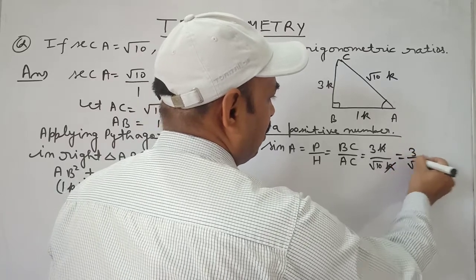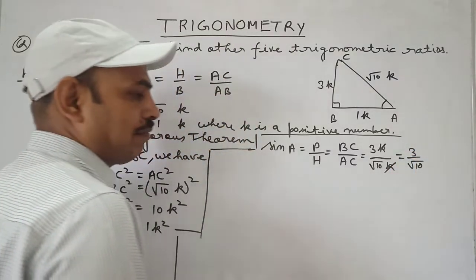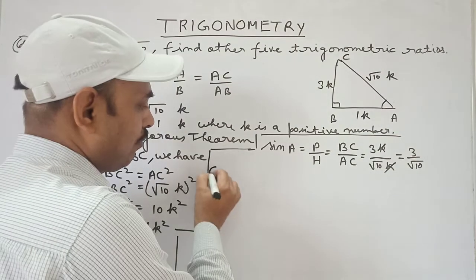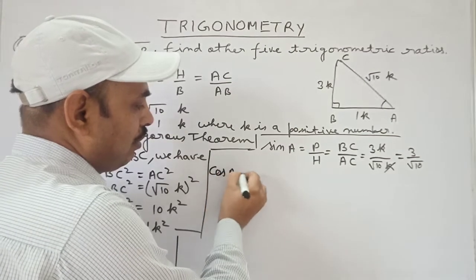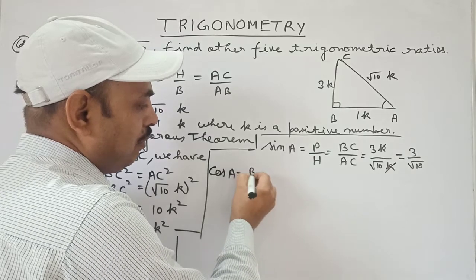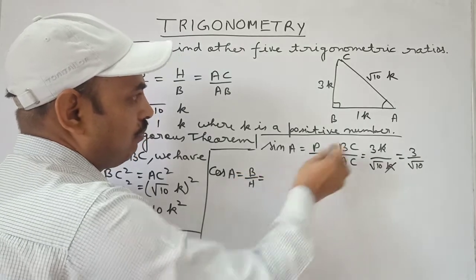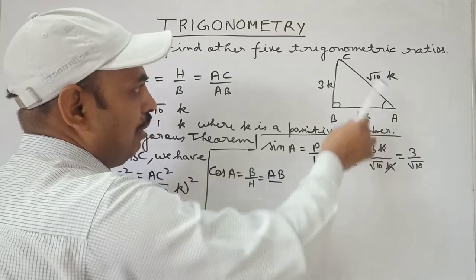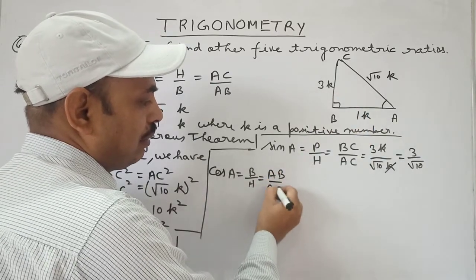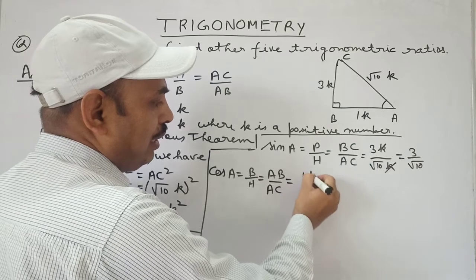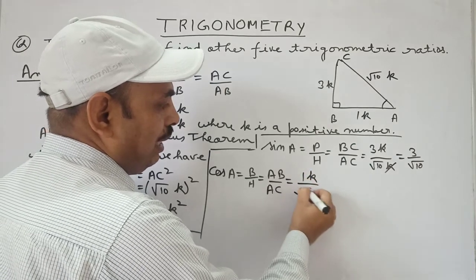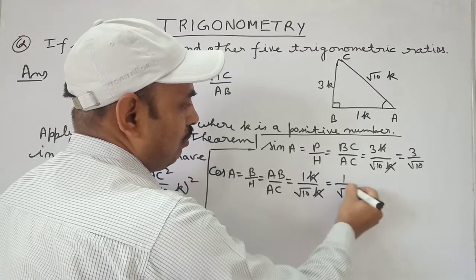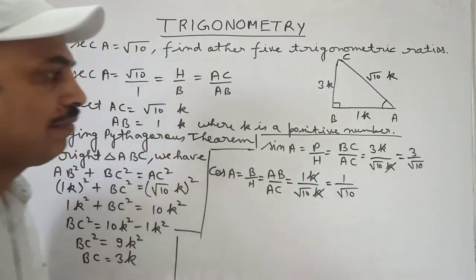So this is equal to 3 upon root 10. Next is cos A. Cos A is base upon hypotenuse. For angle A, base is AB. Hypotenuse is AC. AB is 1k. AC is root 10k. K will cancel k, so this is equal to 1 upon root 10.